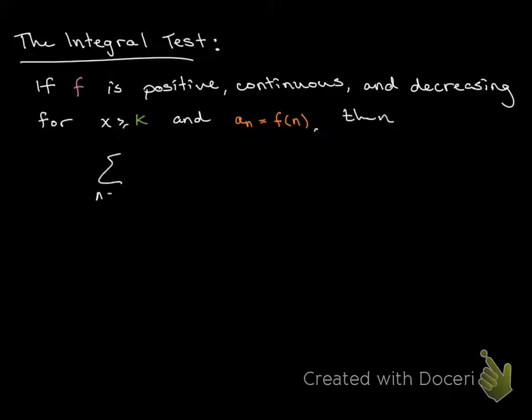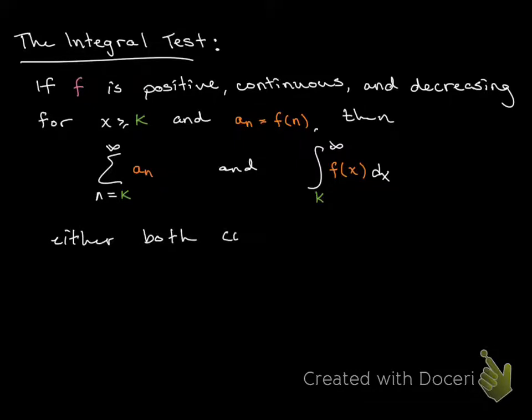Then I can say the following thing. The series starting at k of a sub n and the integral from k to infinity of f of x dx either both converge or both diverge. Okay, so this is a test that tells us there is kind of a matching thing.